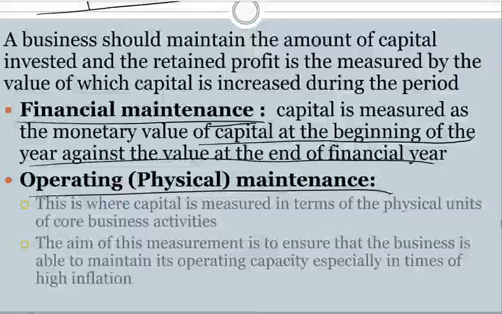When we're talking about physical operating maintenance, this is where capital is measured in terms of physical units of the core business. The aim of the measure is to ensure that the business is able to maintain its operating capacity in terms of high inflation.